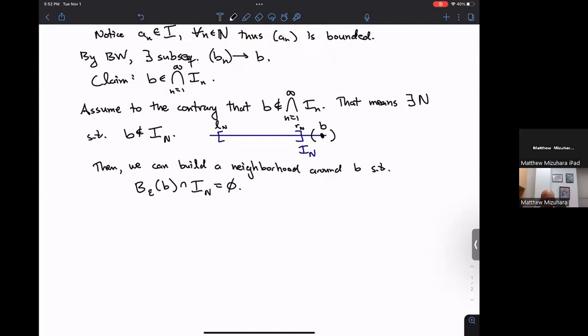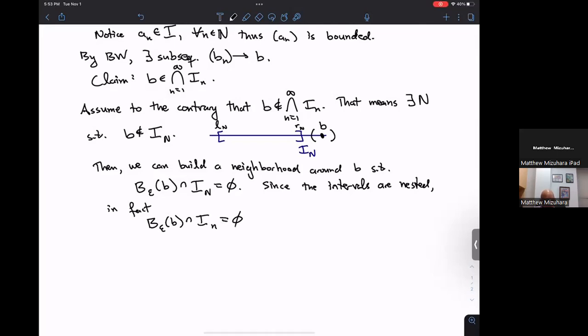Now, of course, at this point, I want to remind us that the intervals I sub n are nested. And so, since the intervals are nested, in fact, this epsilon neighborhood around b intersect I sub n is going to be empty, not just for this interval, but for all the intervals that follow, right?